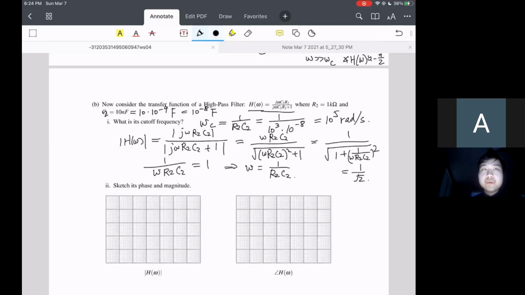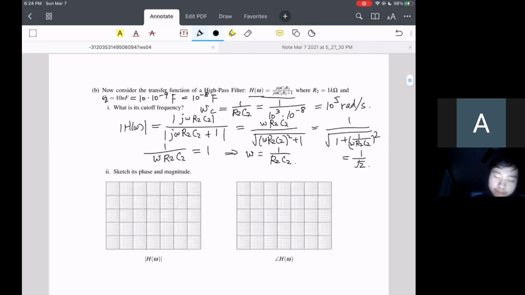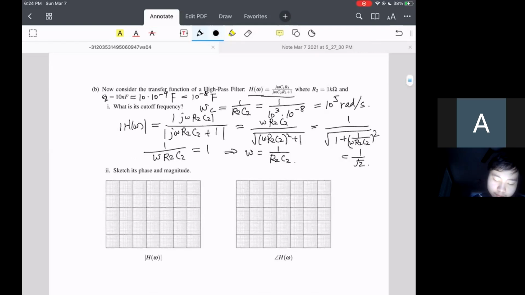And then after part two, we want to sketch its phase and magnitude. Okay. So again, we want to divide it into two parts. So we put the cutoff frequency 10 to the 5 radians per second in the very middle. The x-axis is used for the frequency, and the y-axis, this is the magnitude plot, is used for the magnitude. Okay.